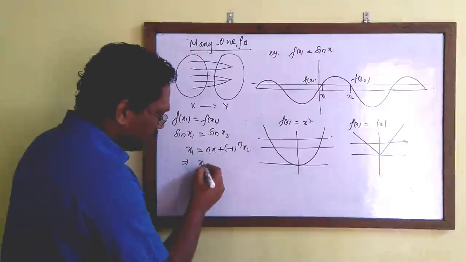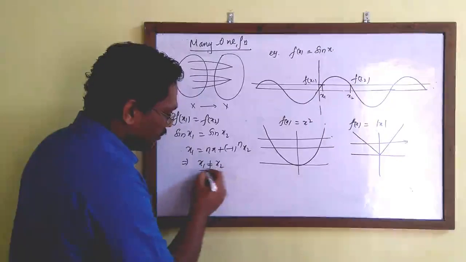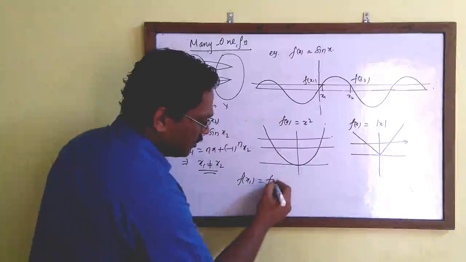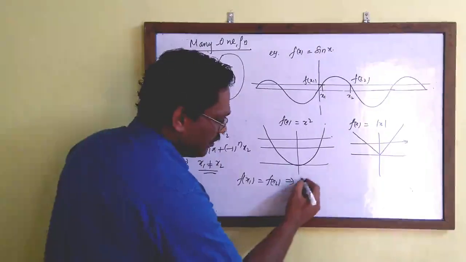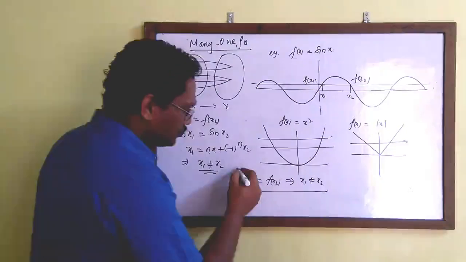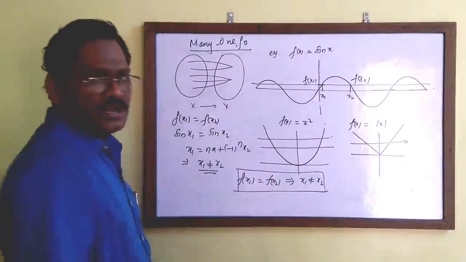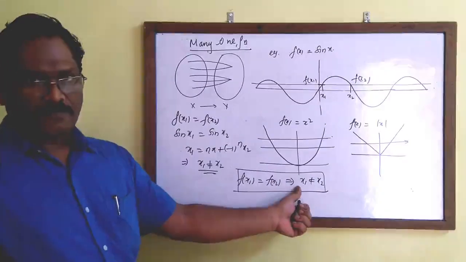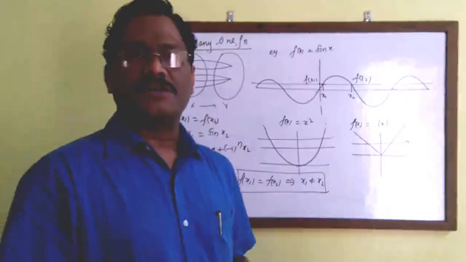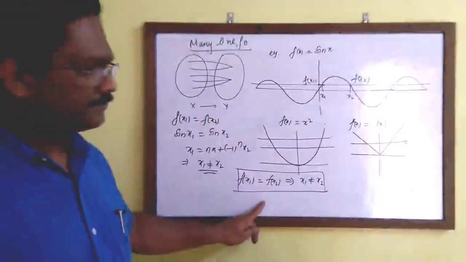No. So x1 is not necessarily equal to x2. So what is the conclusion you are getting? That f of x1 equal to f of x2 is possible, but that does not necessarily mean that x1 is equal to x2. So on solving an equation like this, if you get x1 is not equal to x2, you will say that the function is a many-one function.